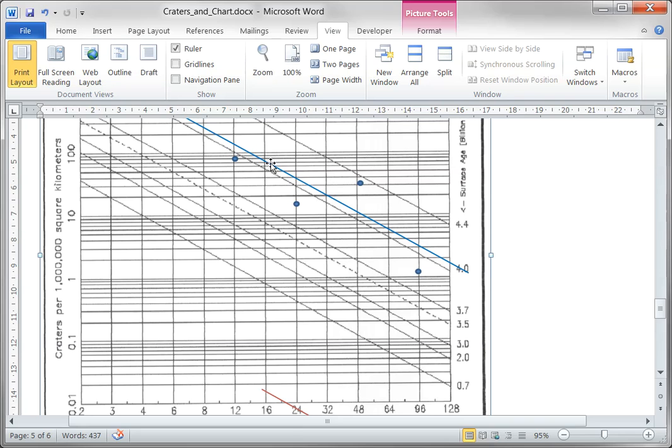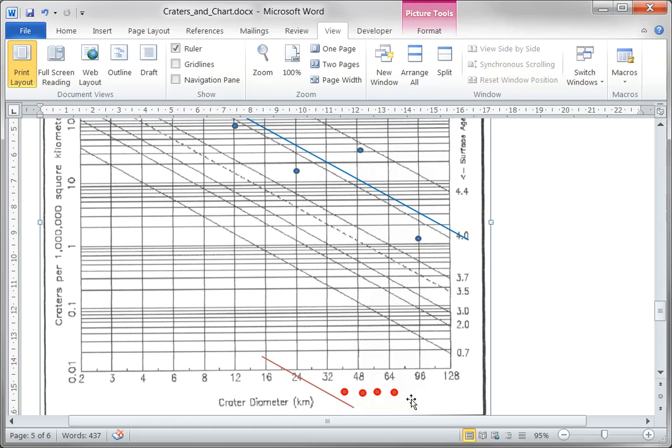So the value that I'm picking for my 4 points, all of which were chosen arbitrarily, is about 4.1 billion years. You'll do the same thing for the other image using the red lines, and you'll have another value for that.